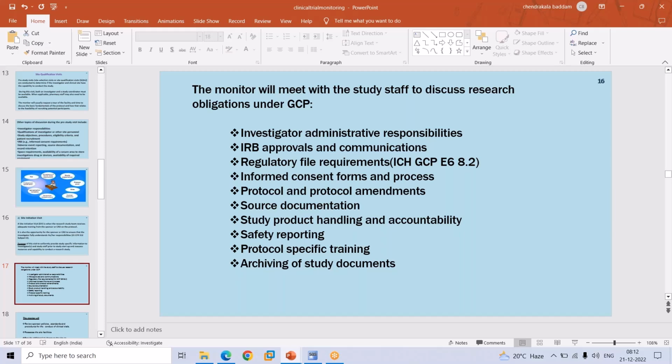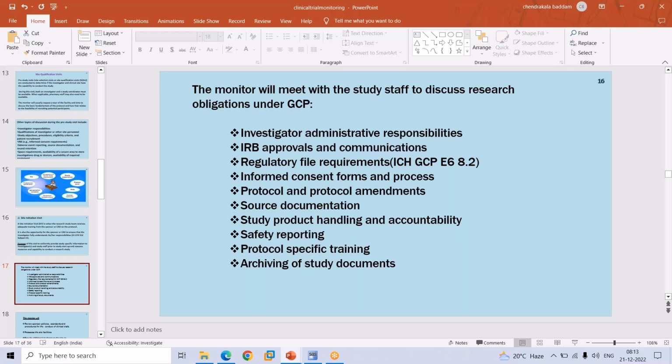Further communications will be established. Regulatory file requirements: what documents go in the regulatory binder, the place where we save all the regulatory files. Informed consent forms and the process of informed consent.